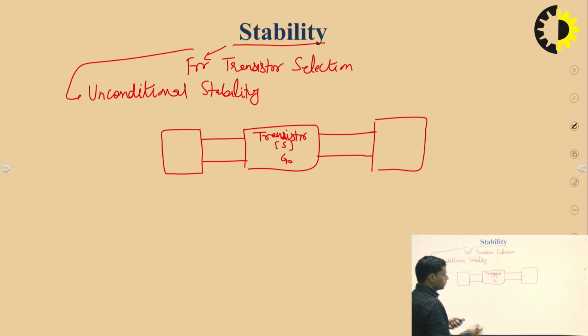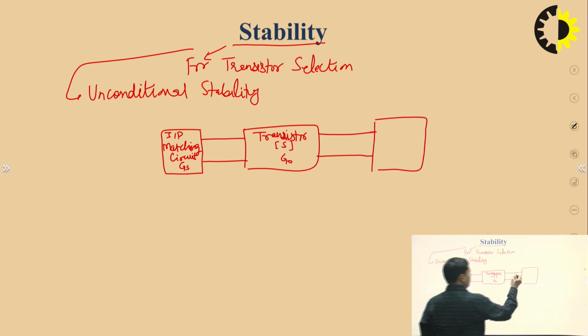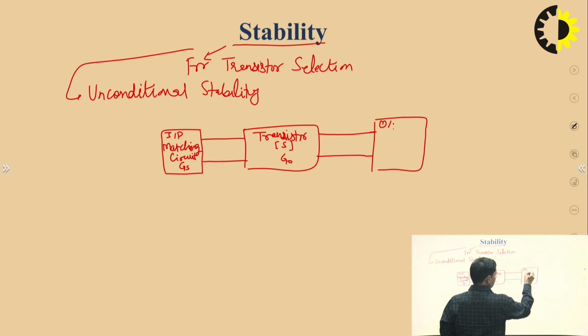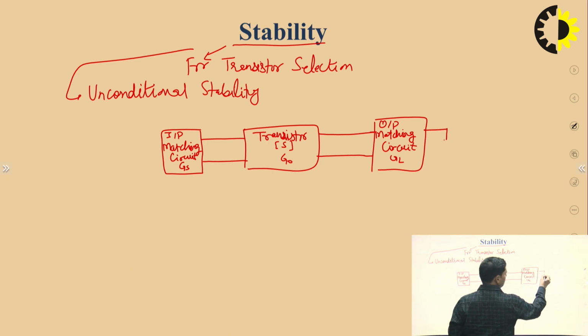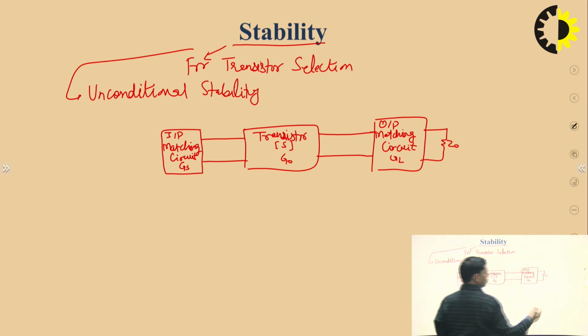Here we use the input matching circuit, which has the gain GS, and the output matching circuit, which has the gain GL.